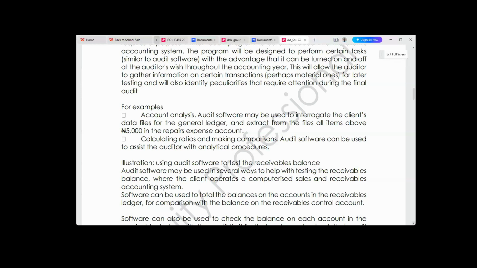Then what the software can also do is total the balances in the account receivable ledger and compare it with your receivable control account. You know, the receivable control account is an account that is supposed to be temporal. What I mean by temporal is that at the end of the day, that control account should be zero.